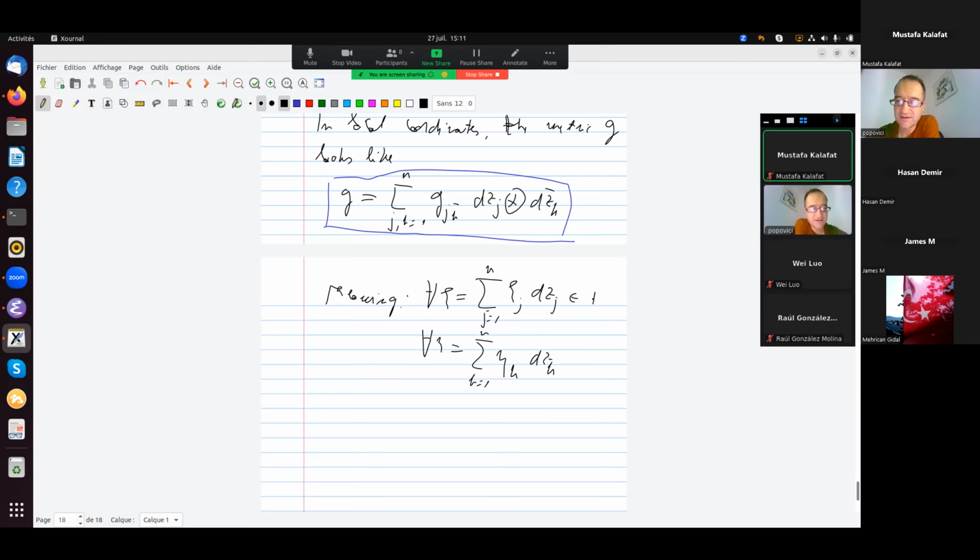So whenever we give ourselves two 1-0 vector fields, in other words, 1-0 tangent vectors at the point x, the meaning of the above notation is the following. The inner product between psi and eta at x with respect to g is the sum over j and k from 1 to n of g_{j\bar{k}} psi_j \bar{eta_k}.